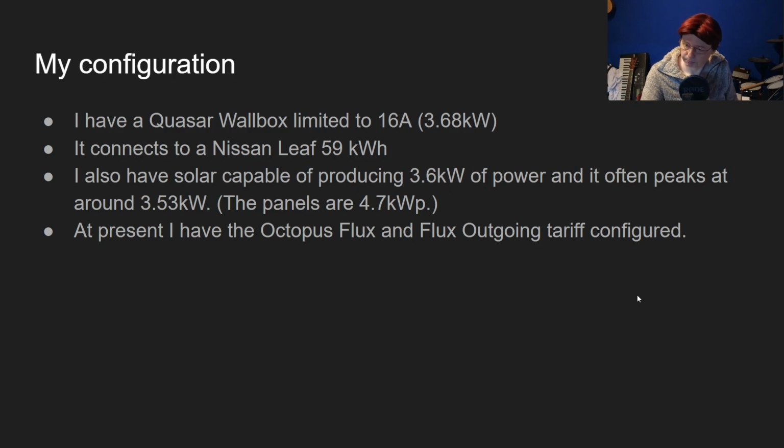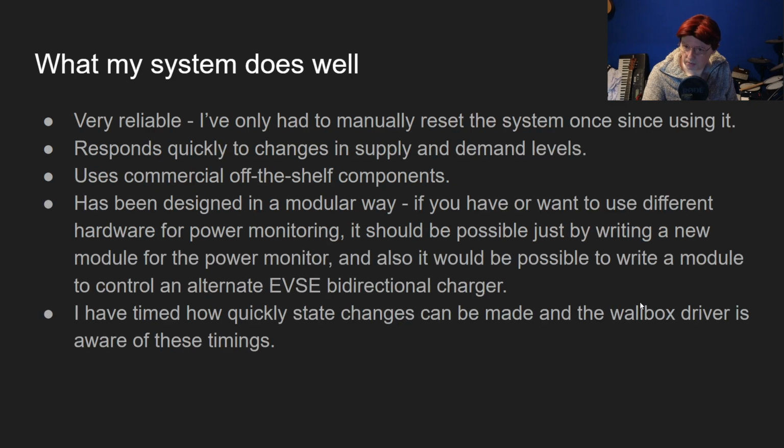And at present, I'm using the Octopus Flux and Flux Outgoing because they seem to work for me. They're not entirely working for me, but that's a discussion for another day. So what does it do? Well, it's very reliable. If there's a problem, it does do that reset, and there's only one time when that reset has failed.